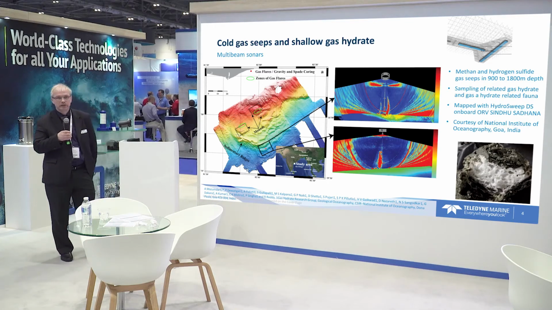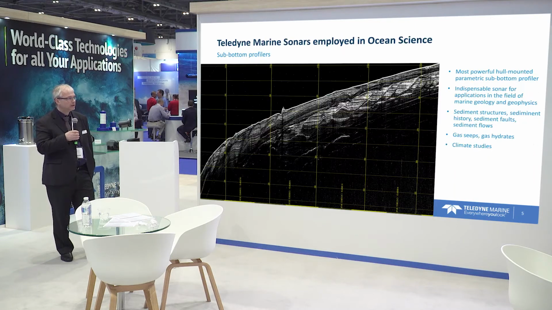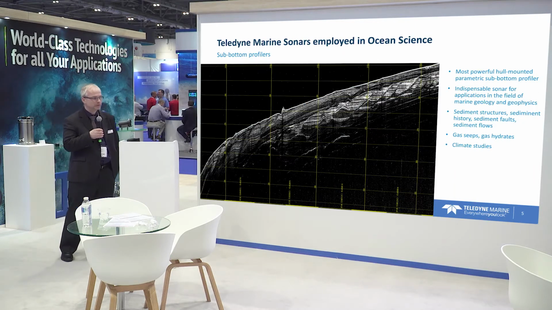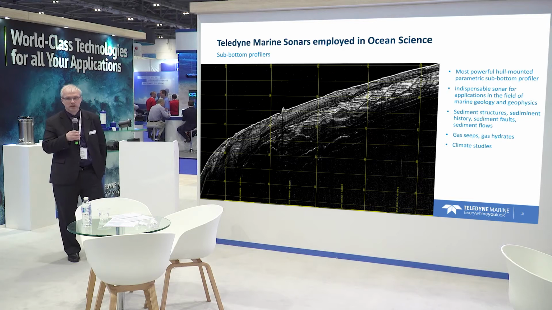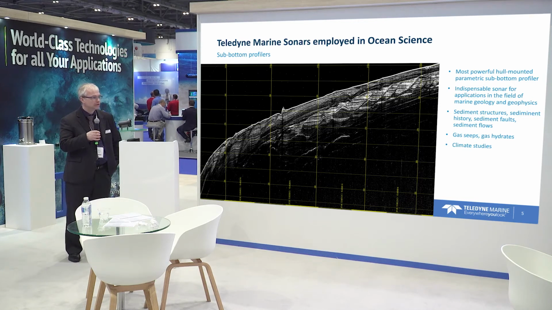Another example of deep-sea sonars and deployment is really our Parasound, or sub-bottom profiler. This is quite a versatile tool that can be used for many applications. It is profiling the subsea floor, the upper sediments of the seafloor, and therefore it can be used in studies of sediment structures, sediment history, sediment faults, and even sediment bodies flowing down a certain slope.